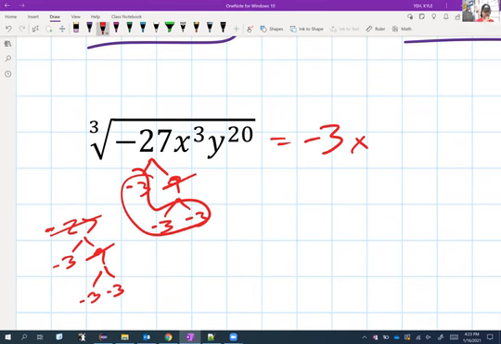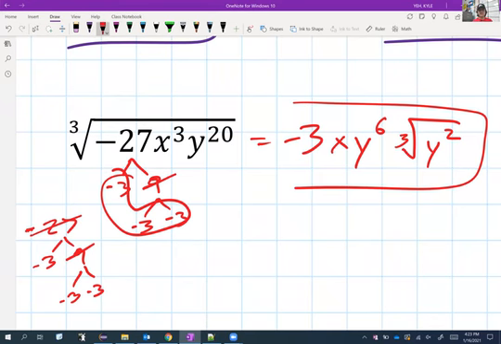How many groups of 3 are there in 20 of them? 3, 6, 9, 12, 15, 18. So I have 6 of them I can pull out and still have 2 left over inside for those y's. Negative 3x y to the 6th times the cube root of those 2 y's we had left over, y squared.